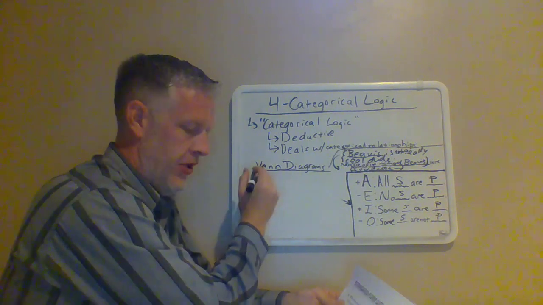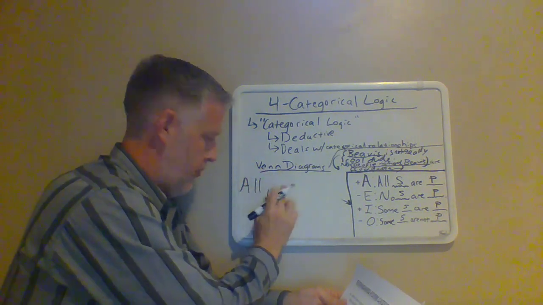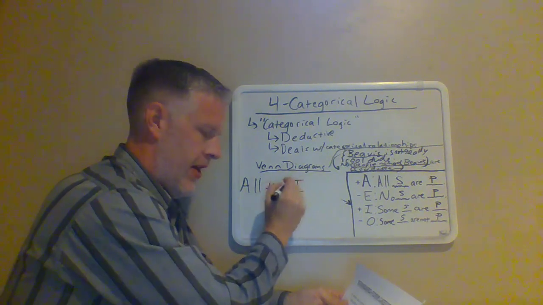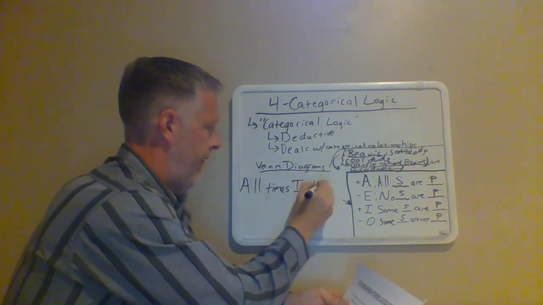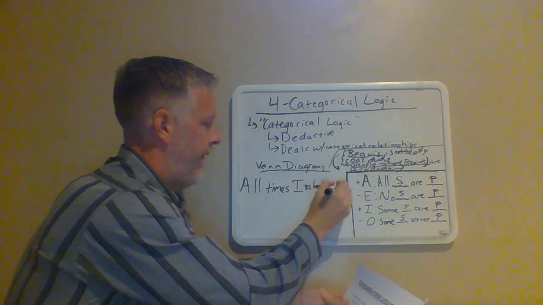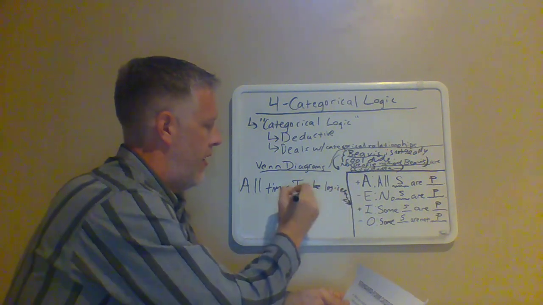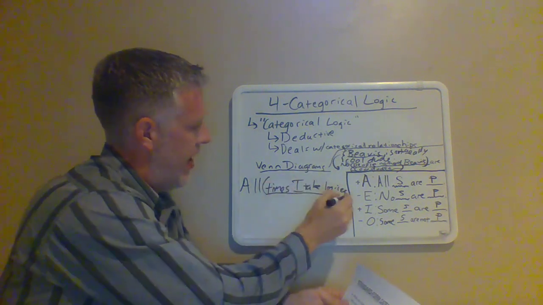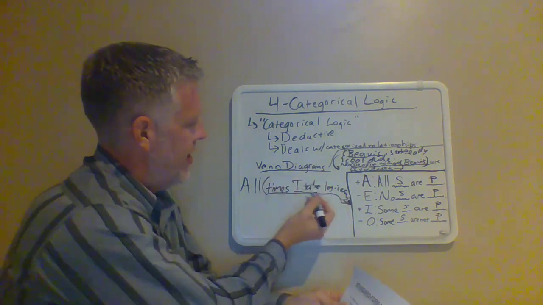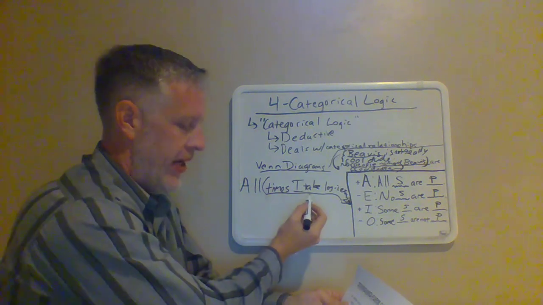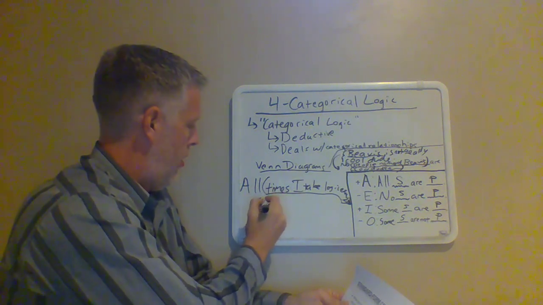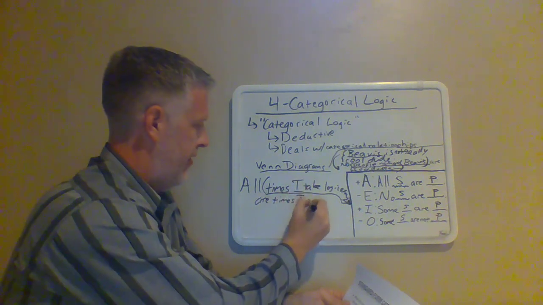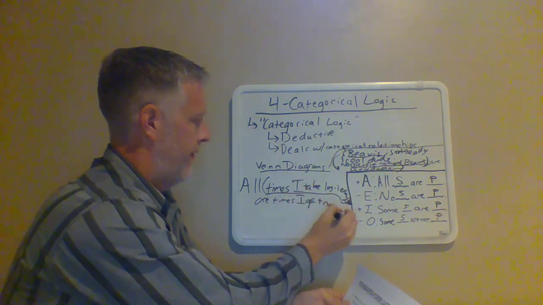So what we translated it to: all times I take logic exams. And I want to put it all here so I can emphasize this is all one class, right? Times I take logic exams. All times I take logic exams are times I get nervous.